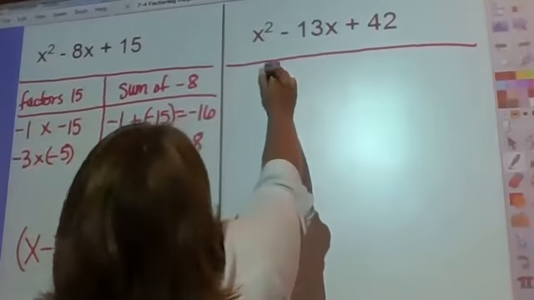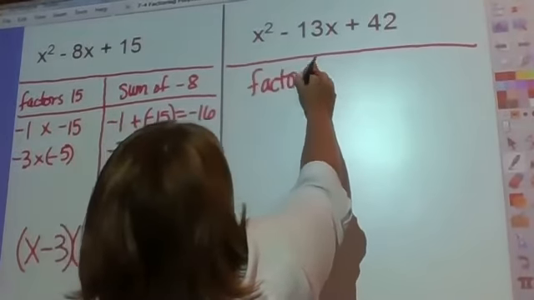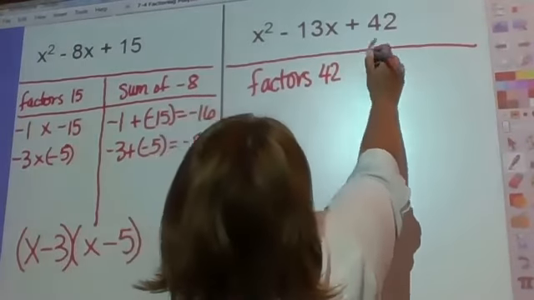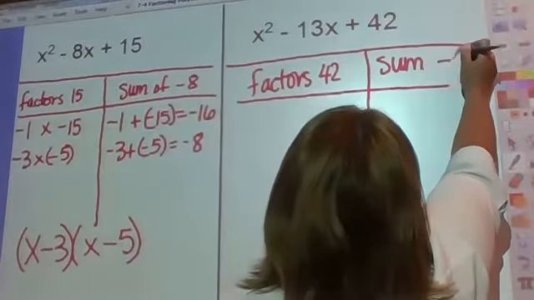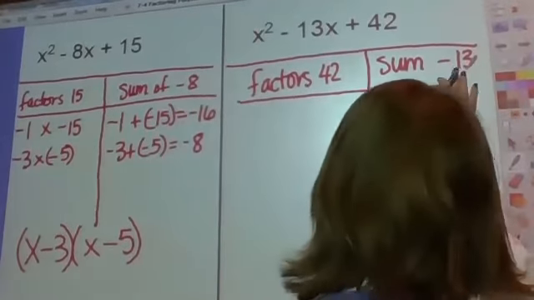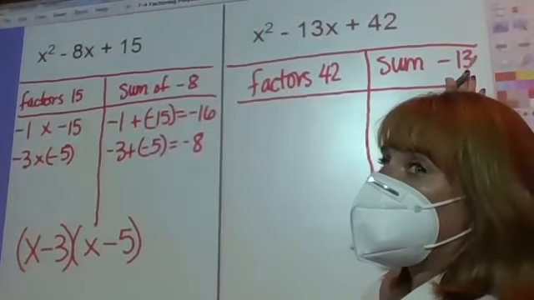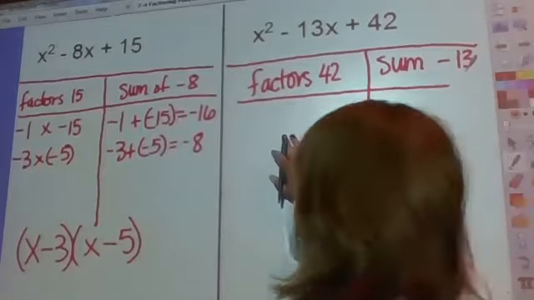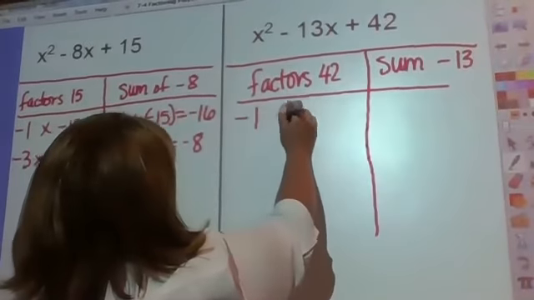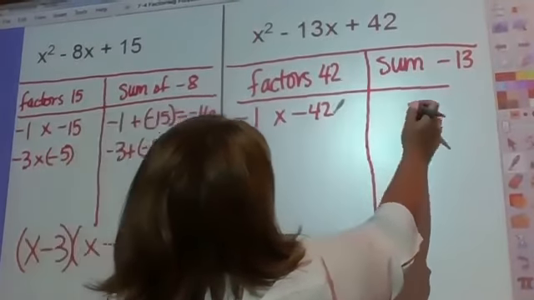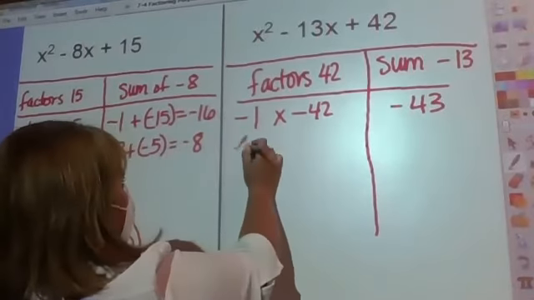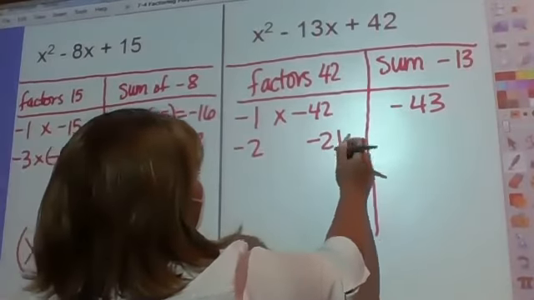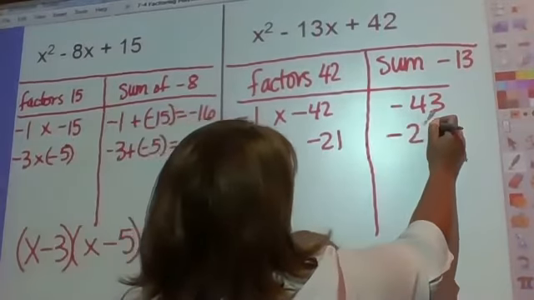Okay, over here. We have to have factors of 42 that have a sum of negative 13. Since my sum is negative, I'm going to have negatives. Negative 1 times negative 42 is negative 43, that doesn't work. Negative 2 times negative 21 is negative 23, that doesn't work.